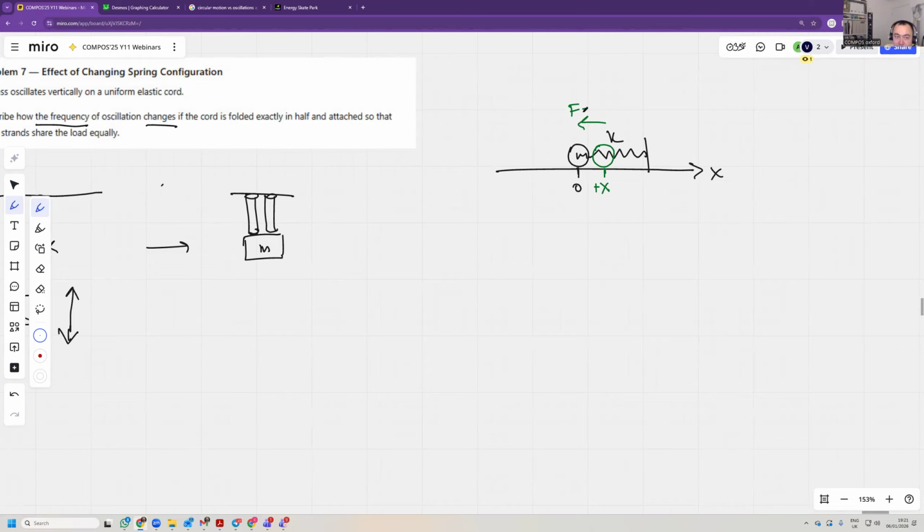So the force is minus kx, because that's Hooke's law.